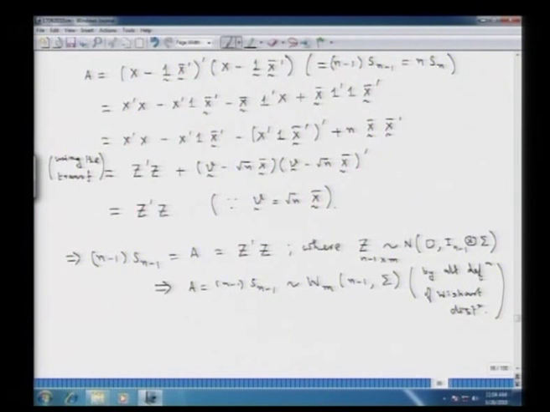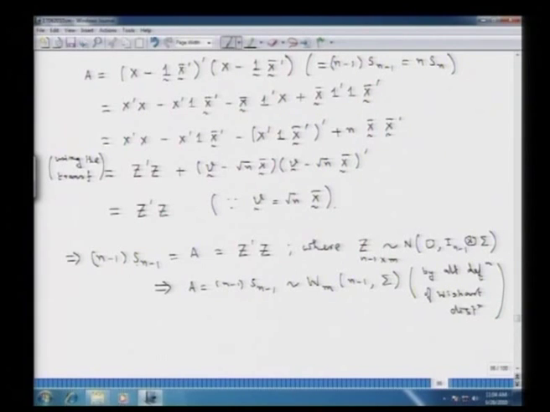So, what have we proved and what have we not yet proved? We have already proved that x bar has that multivariate normal distribution. We have also proved that A, n minus 1 S n minus 1, or equal to n times S n, has a Wishart distribution, Wishart m, n minus 1, sigma. Now, note that this is the last part.